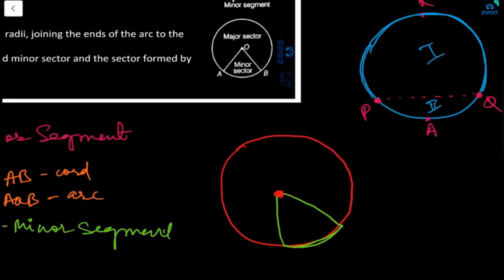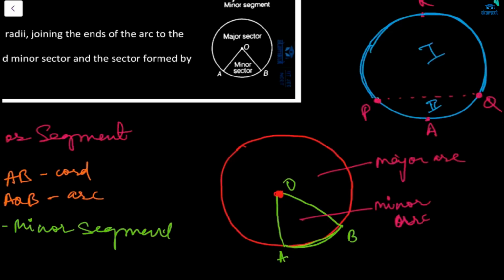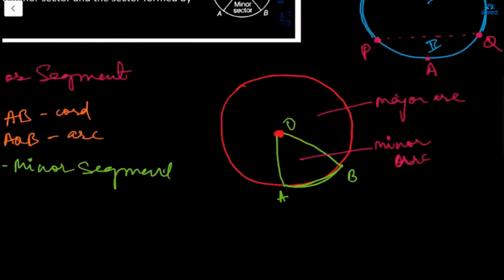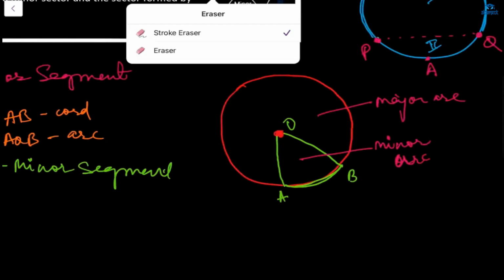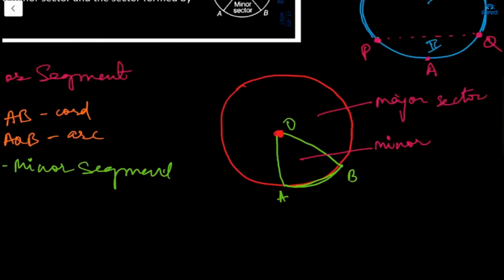So this is A, this is B, this is O, the center. Here this is the minor arc, and this is the major arc, okay. The same thing for sector, sorry, a major sector, not arc. Explaining about sector, major sector, minor sector, okay.